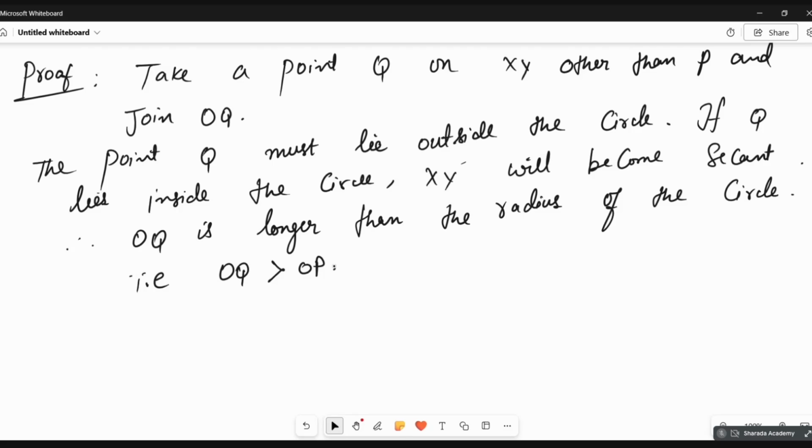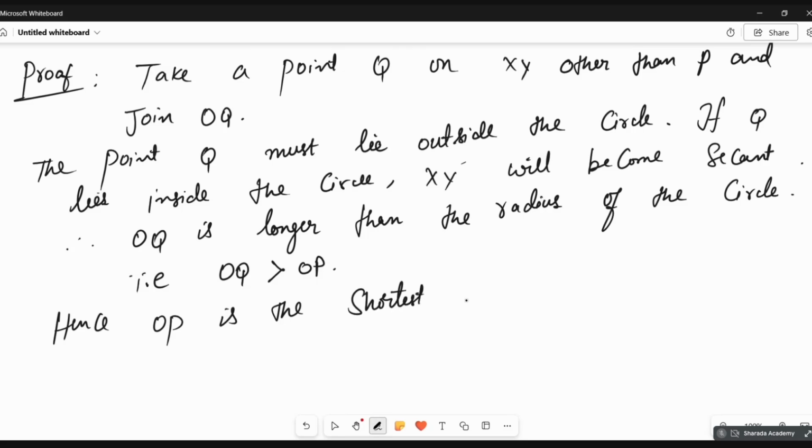Easy proof. You should be happy. OQ is greater than OP. Hence, OP is the shortest distance, right?